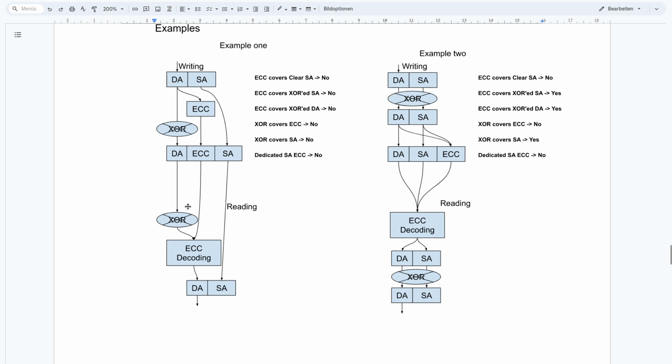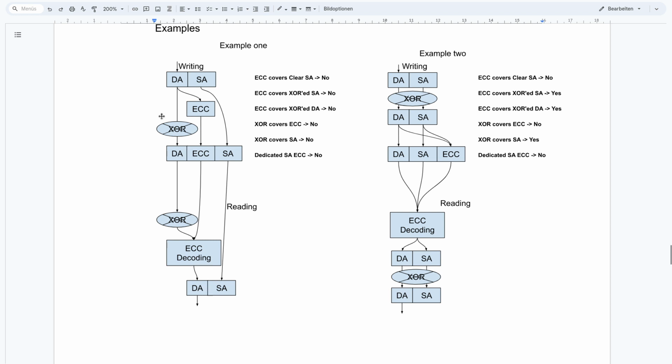Now to take a look in the opposite direction from the reading point of view, at first we XOR the data area here, then we do the ECC decoding with the ECC data and the XORed data area, and that gives us the data area, and the SA area has been in clear already.